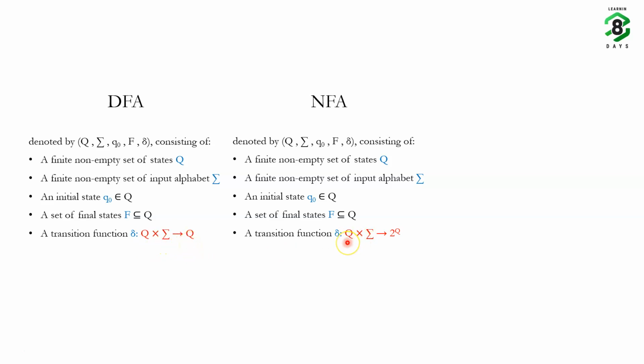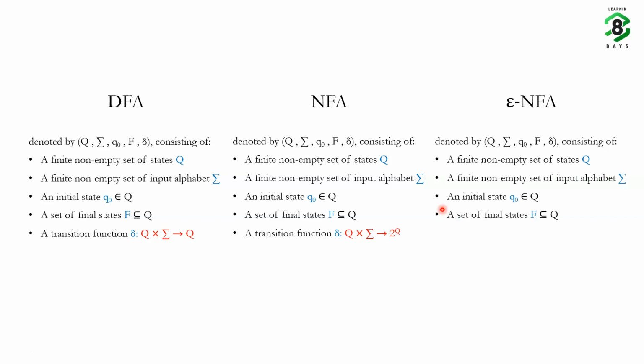In case of an NFA, the mapping is from the Cartesian product of Q and sigma to the power set of Q. That means in case of an NFA, if you are given a current state and an input symbol, the next state can be any combination of the states of the NFA. In case of an epsilon NFA also, it consists of the same 5 tuples, but the transition function is again different.